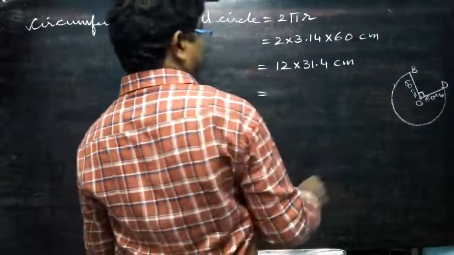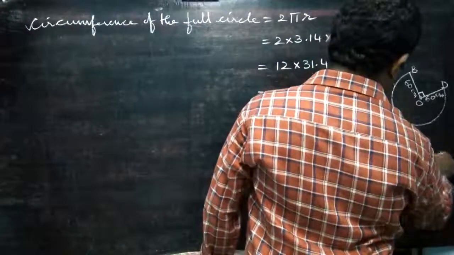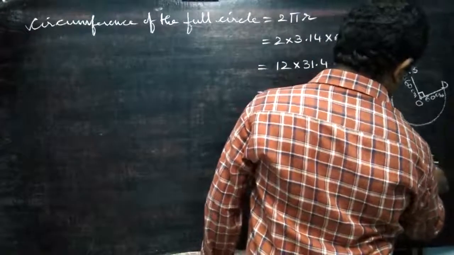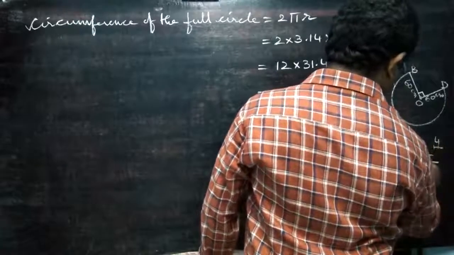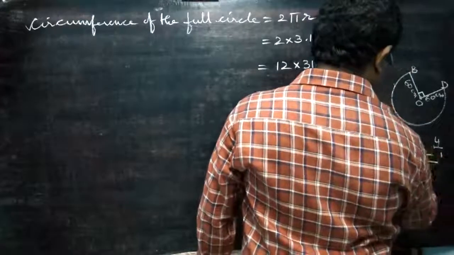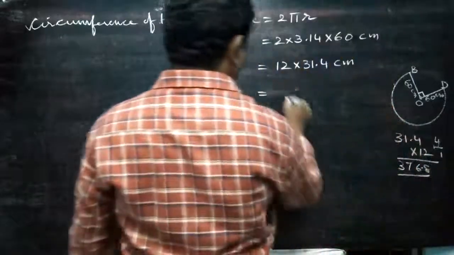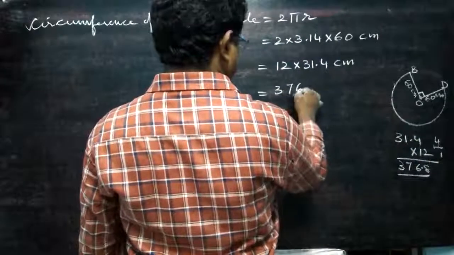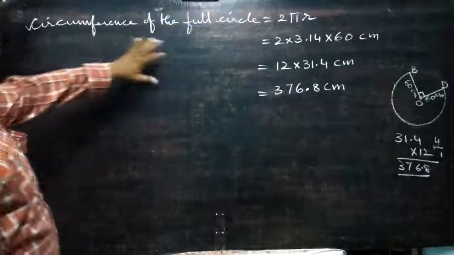Now you can multiply 31.4 into 12. 12 4s are 48. 4. 12 1s are 12. Here 16. So 6 here, 1. 36, 37. After one digit, 376.8 centimeters. We got the circumference of the full circle.